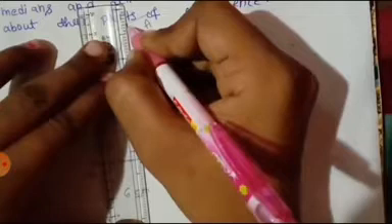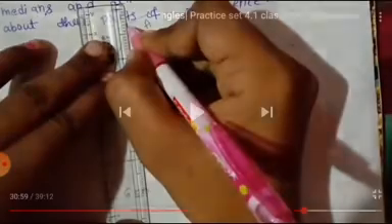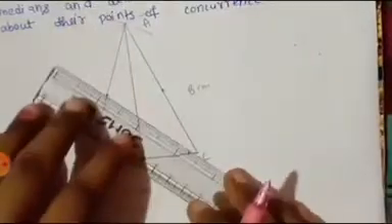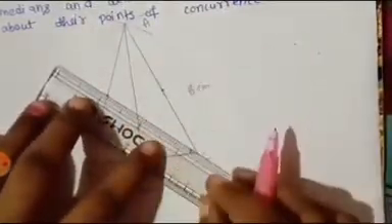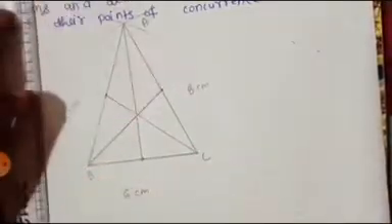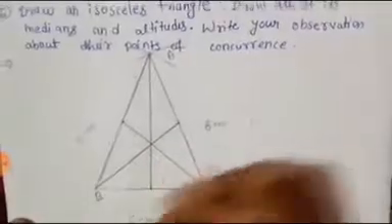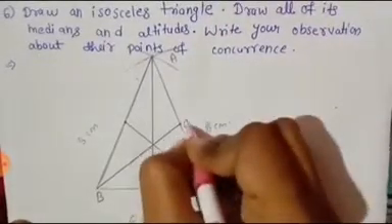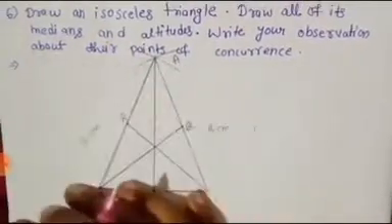So if you want to draw a median in an isosceles triangle, you take the proper half measurement and draw with the scale only. I have taken a marking and joined it with point C and with B. So this is a median. These three medians I have drawn in an isosceles triangle. Give names P, Q, R.